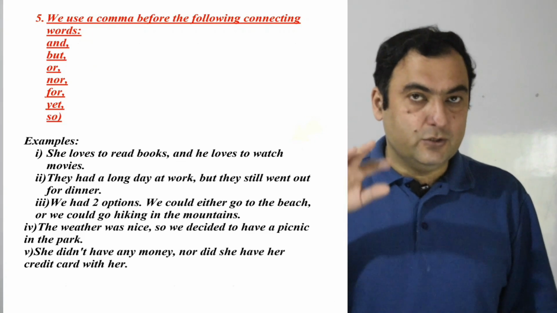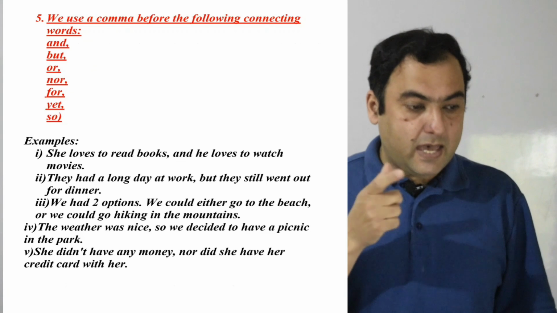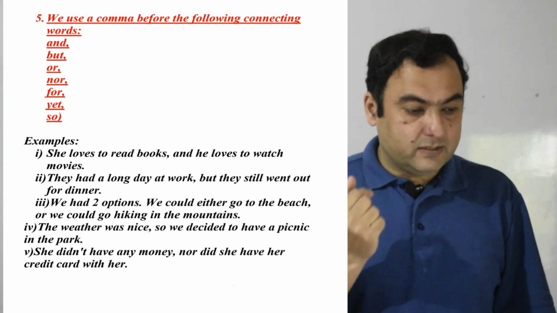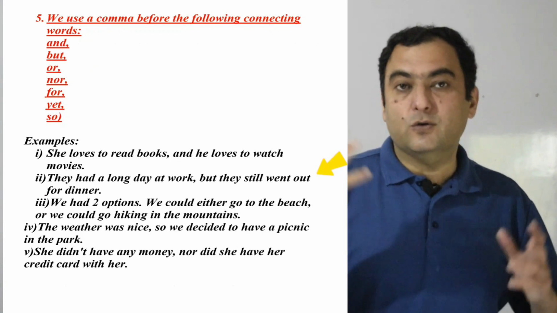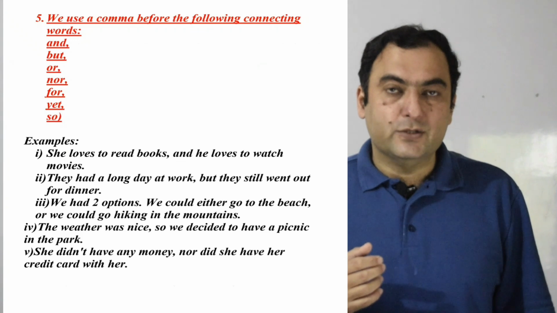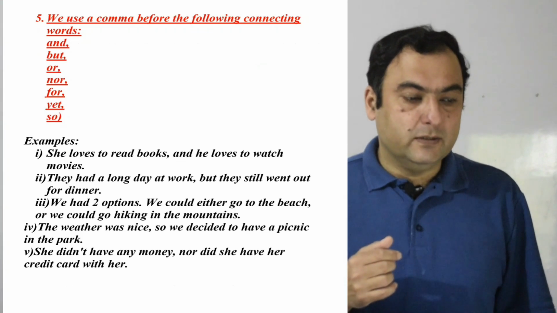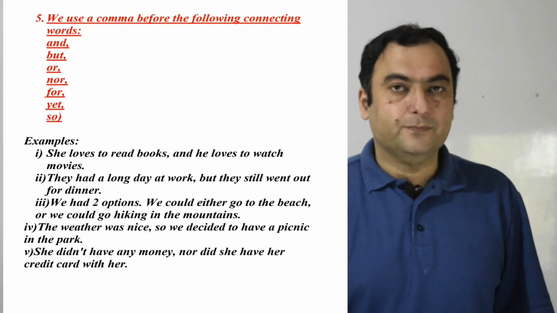So you see, a comma is used between these two clauses and before these connecting words. They had a long day at work, but they still went out for dinner. And read the other three sentences. So we use a comma before these connecting words.